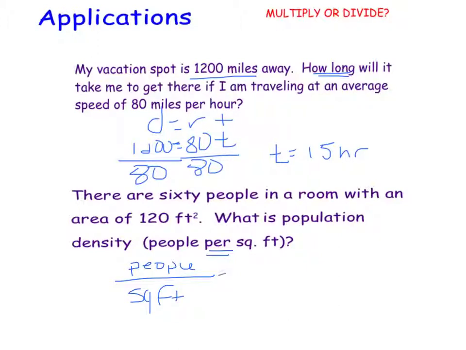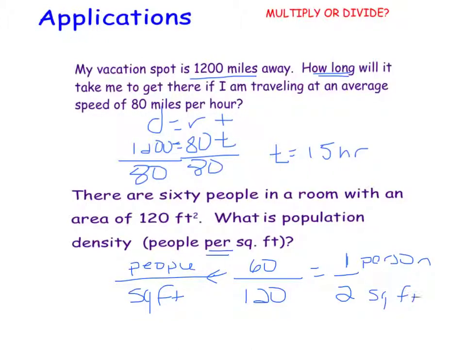So that per means that we're dividing the people by the area. So that gives me, I'm going to leave it in fraction form, 1 person per 2 square feet.